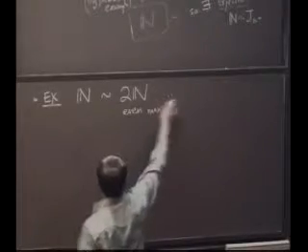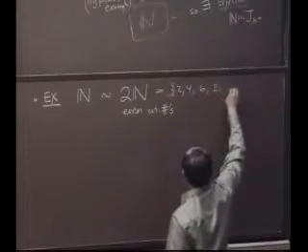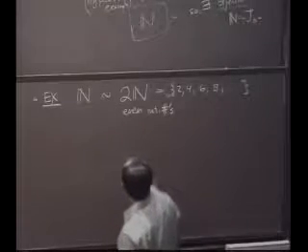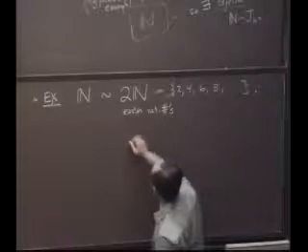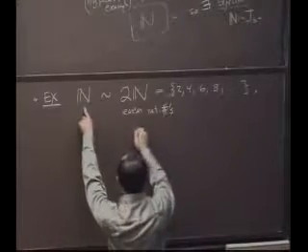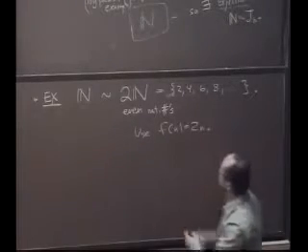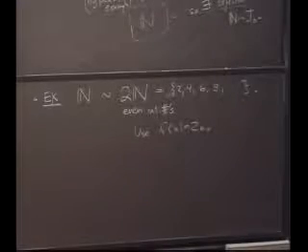Here are the even natural numbers: 2, 4, 6, 8, dot, dot, dot. And what's the correspondence then? What would I associate to a number here? Yeah, f of n equals 2n. So the natural numbers and the even natural numbers have the same size in some sense.